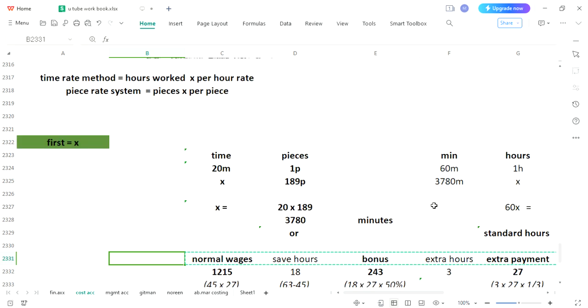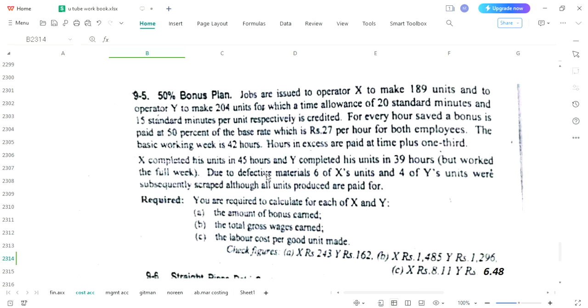For Y, you will come over here. Y completed his units in 39 hours, but worked the full week. What does that mean? It means he was given work for 42 hours. He had completed his target in 39 hours, but it has been mentioned he worked for the full week. So instead of 39, we will consider that he worked 42 hours.